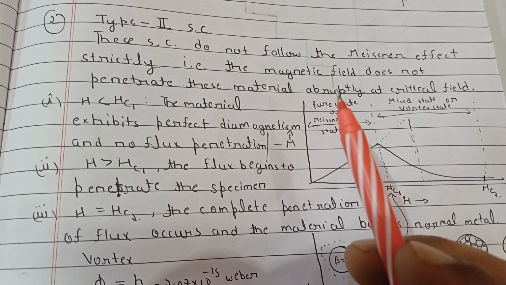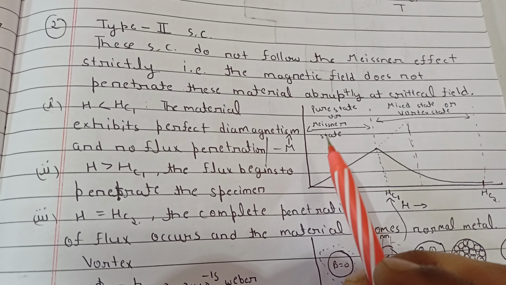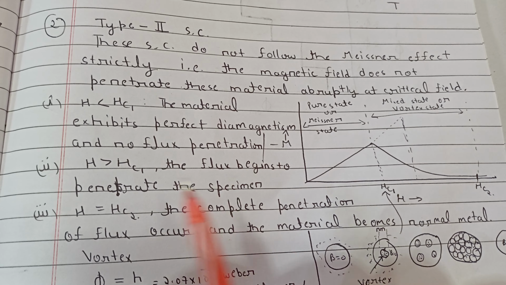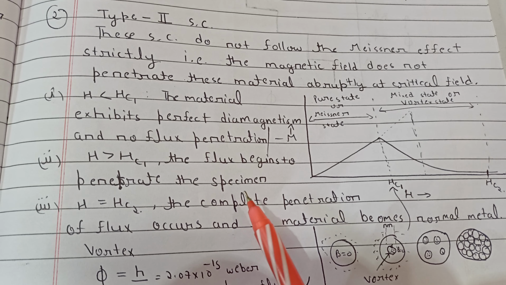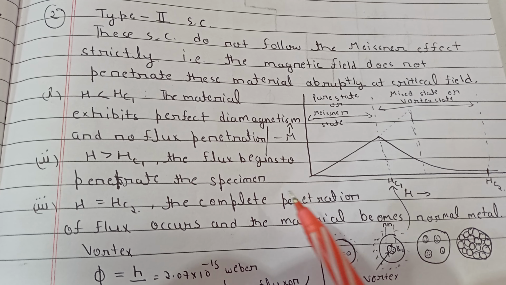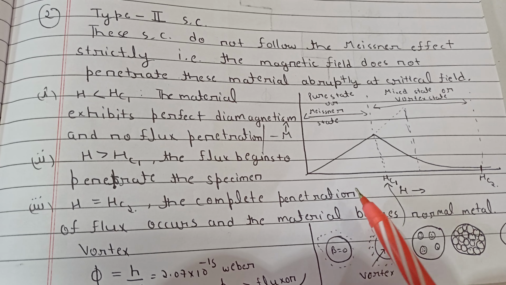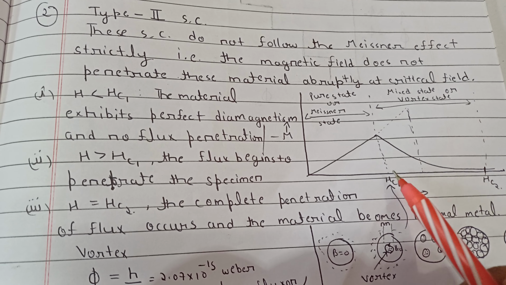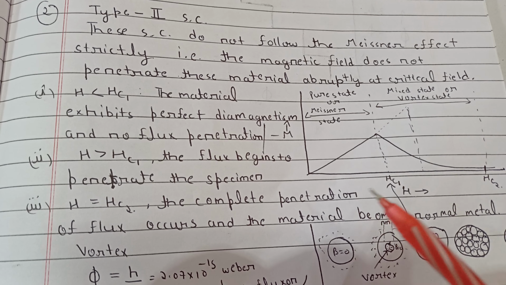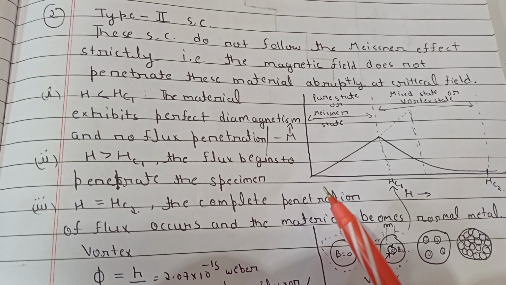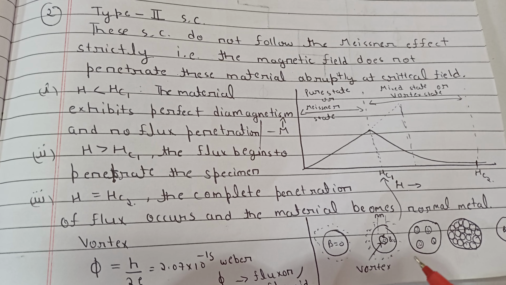No flux will penetrate, and B will be zero, as the Meissner effect says. But greater than HC1, the flux begins to penetrate the specimen. Now, when the field is increasing beyond HC1, the field inside the superconductor starts to penetrate.